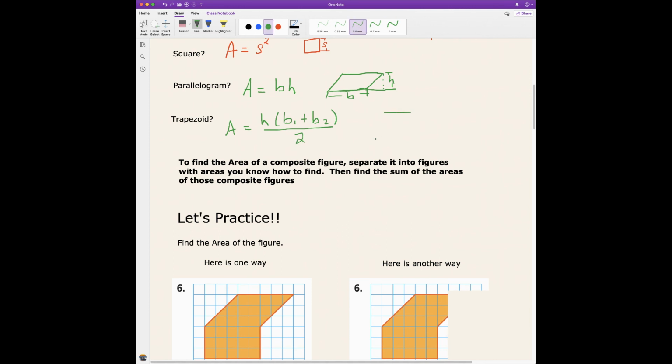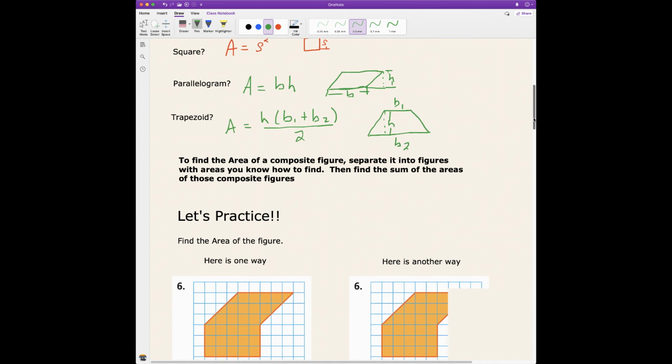A trapezoid is a quadrilateral with exactly 1 pair of parallel sides. So the parallel sides, one of them I will call base 1, the other one I will call base 2, and then the height of my trapezoid would be here, h.